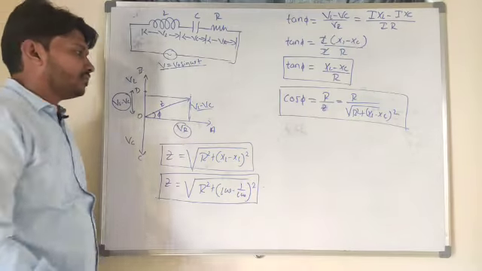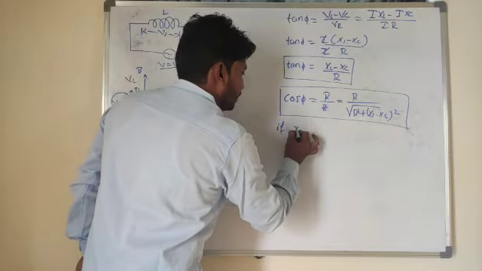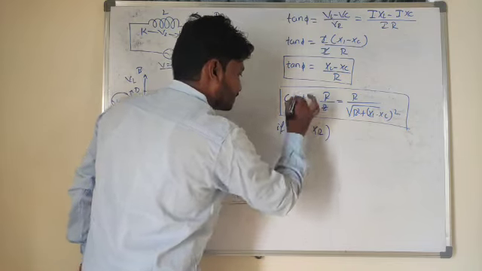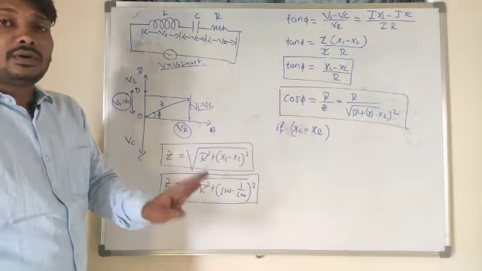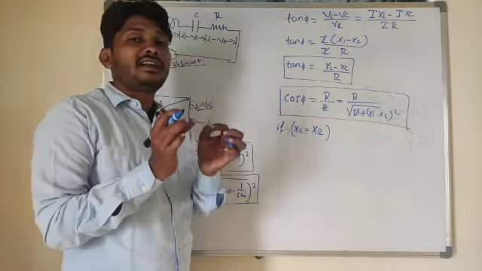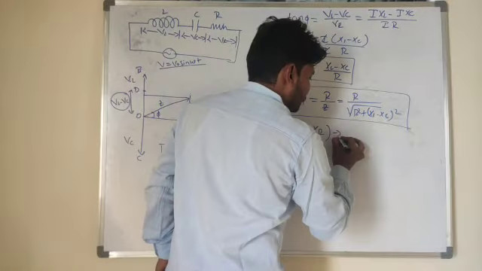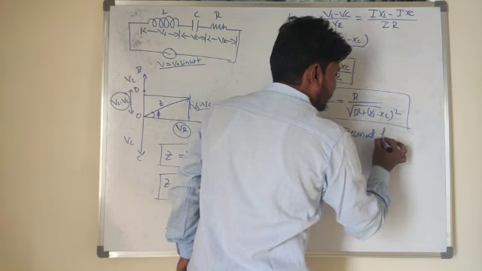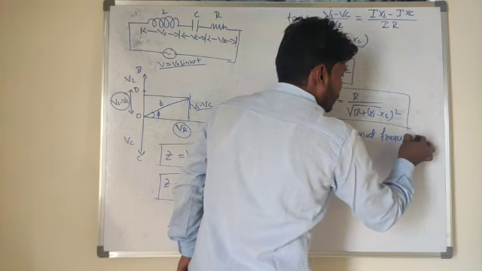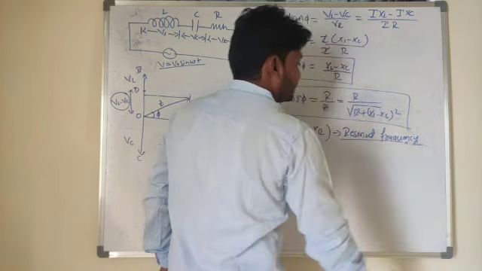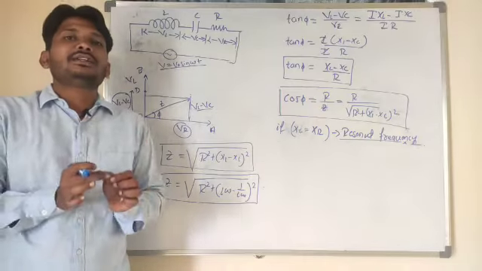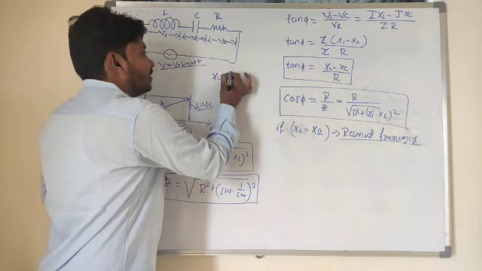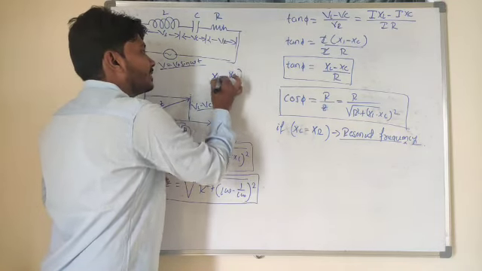Now look at here. If the inductive reactance is equal to the capacitive reactance, so if X of L is equal to X of C, this situation I can call resonant condition or resonant frequency. What does resonant frequency mean? It means maximum current in the LCR circuit when the inductive reactance is equal to the capacitive reactance.